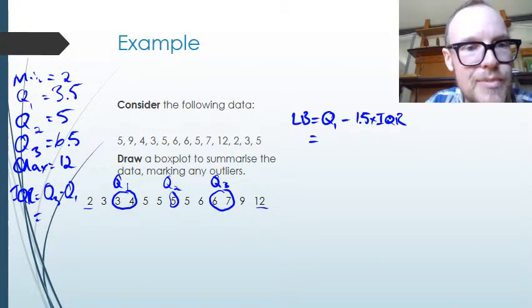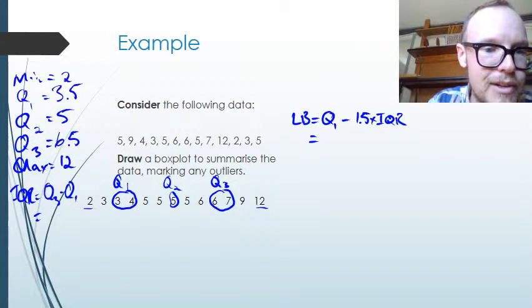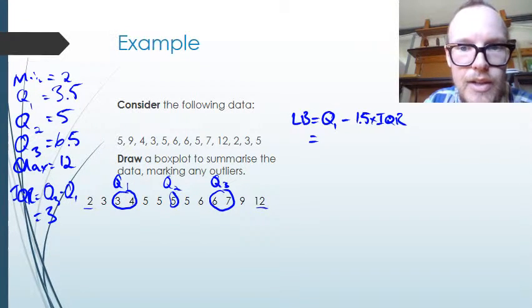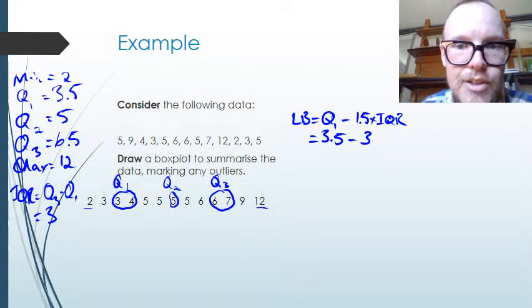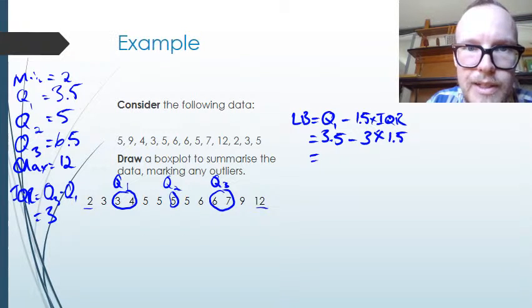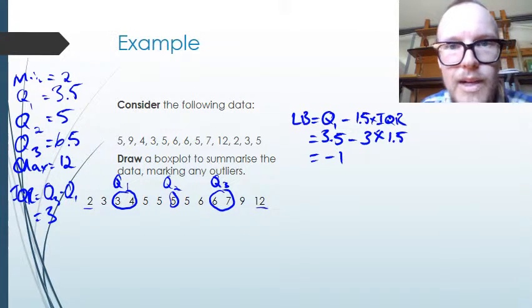So it's going to be 6.5 minus 3.5, so that's going to be 3. Our interquartile range will be 3. So then that means that our lower bound will be, we can substitute in here, 3.5 minus 1.5 times our interquartile range of 3. And if we put that into our calculator, we should get -1.